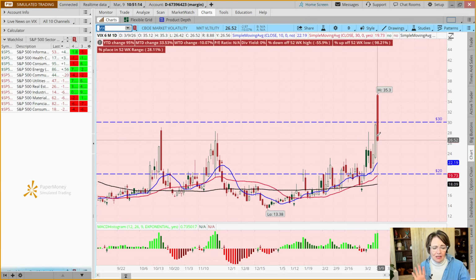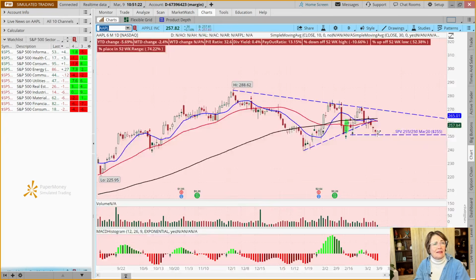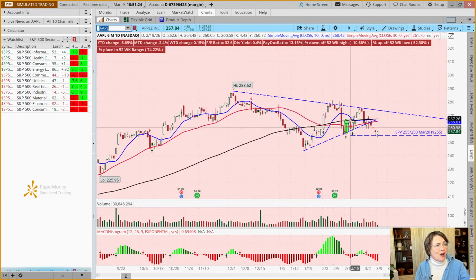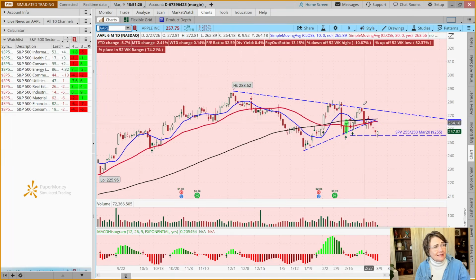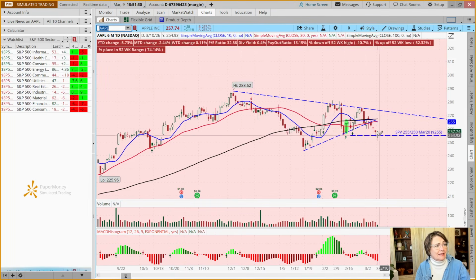So volatility works both ways. We put on these credit spreads with the expectation that the stock would rise, and it did rise, but then it's come right down to basically where we got in.